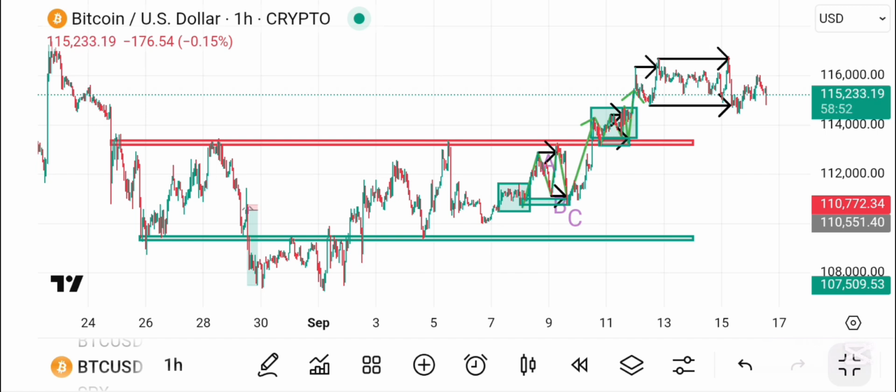Firstly, in our previous session, we predicted a move called the ABC move, the ABC strategy, and from what I see right here, it's actually playing out well.